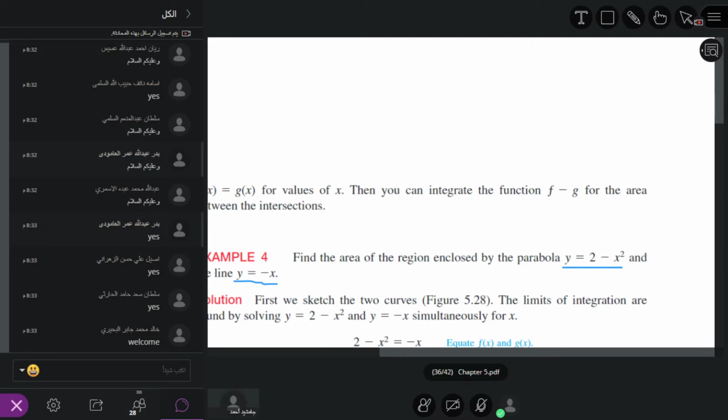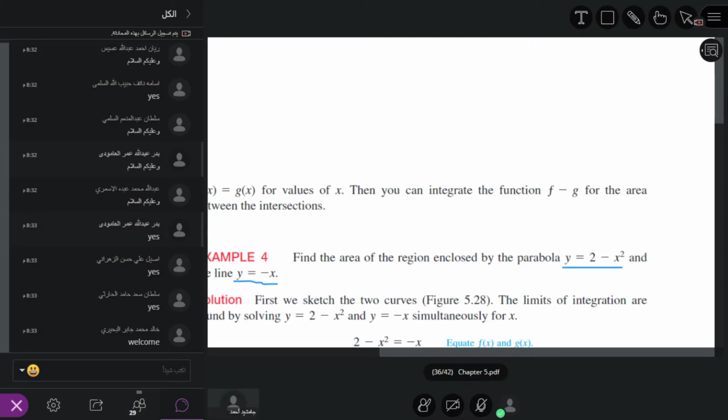If we have y is equal to x, it passes through the origin, the first quadrant and the third quadrant.